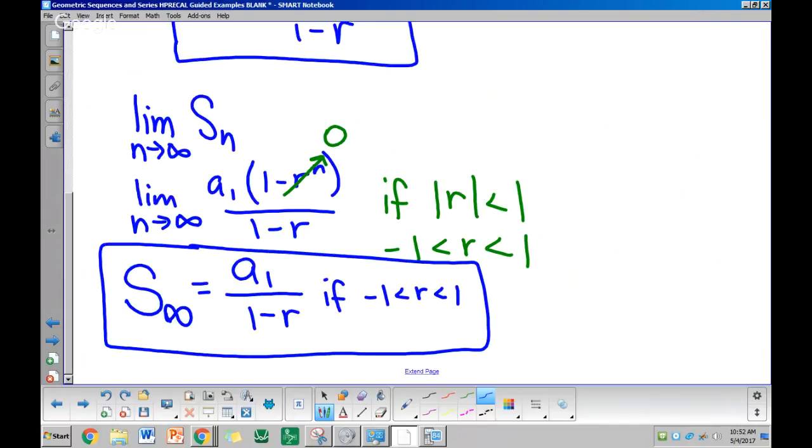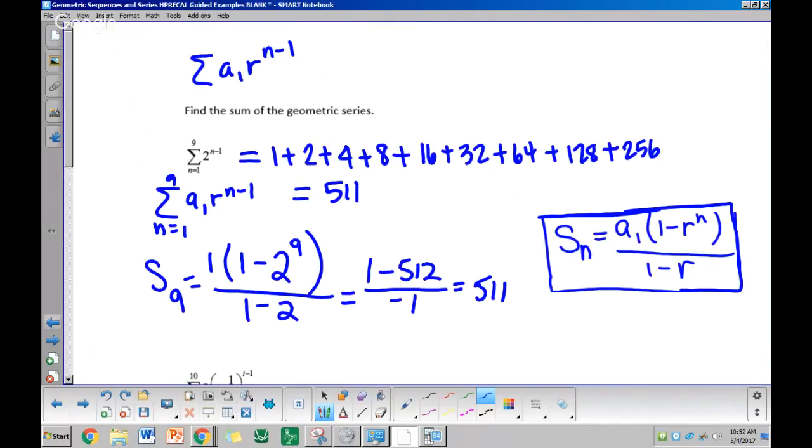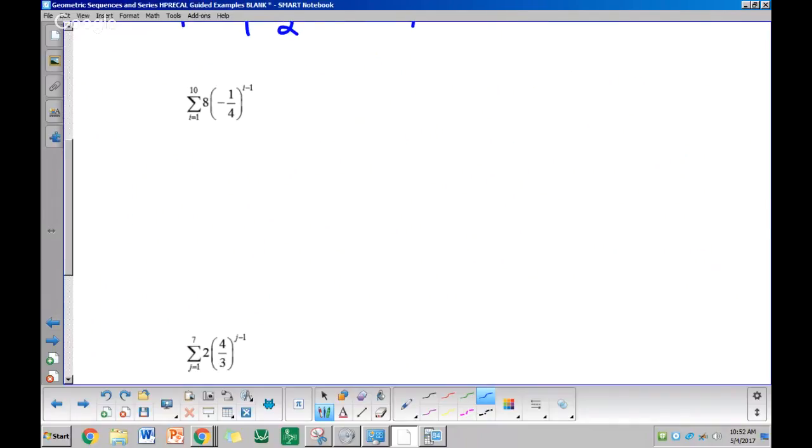So let's see if we can add up the one that has an R that is less than 1. Have your calculator do this and tell me if it gives you a number. And I'll see if I can go faster.